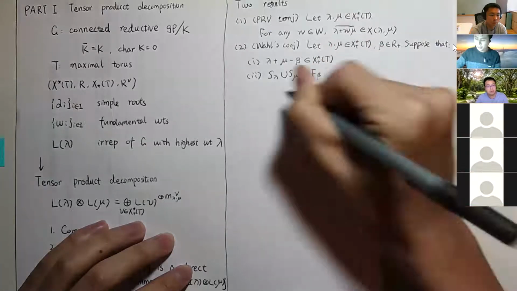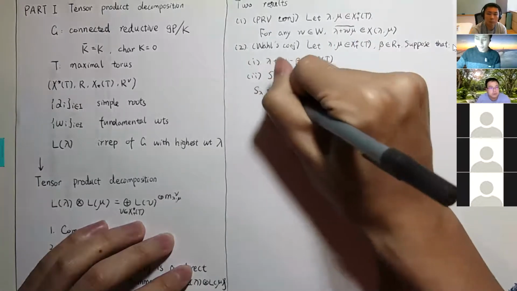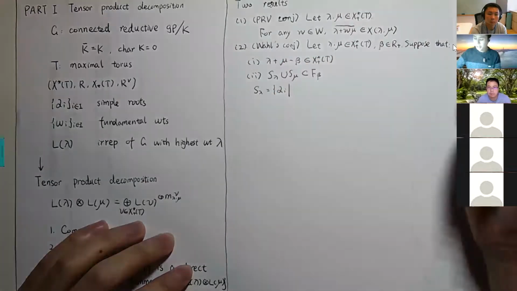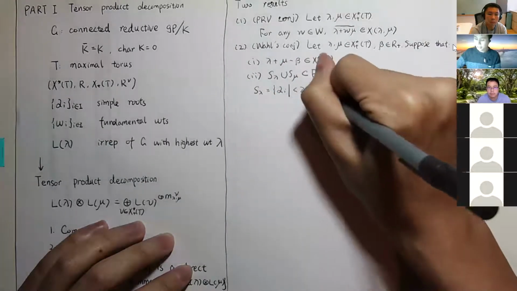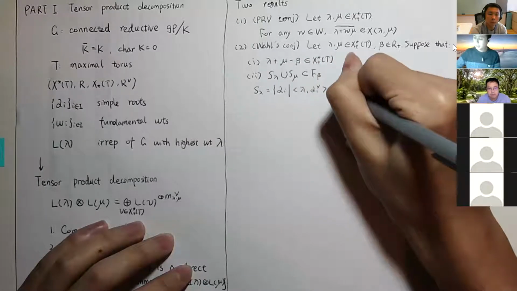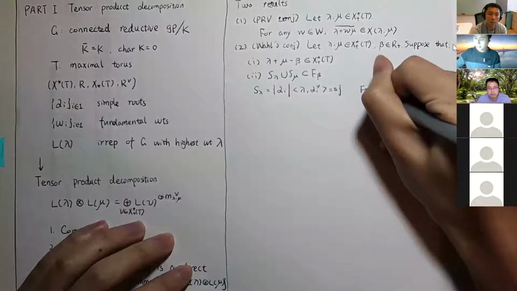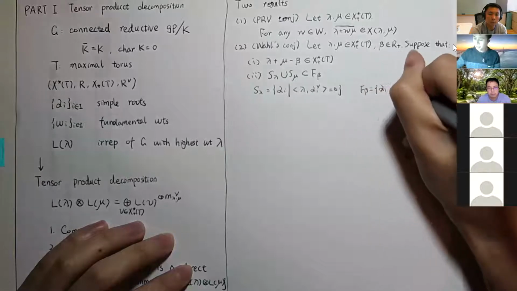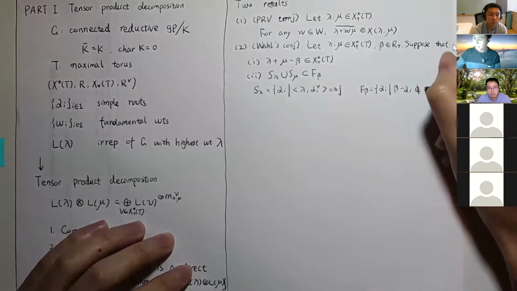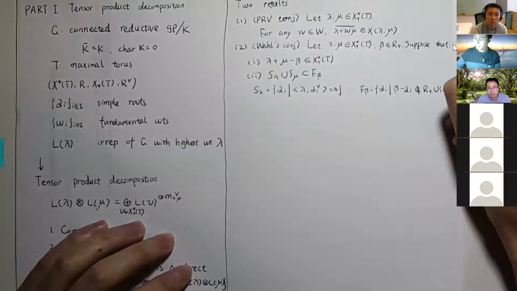Here, S lambda, or S mu, is the set of simple roots i such that lambda of i check is 0, where i check is the corresponding coroot. And F beta is the set of simple roots such that beta minus alpha i is not a positive root and not 0.